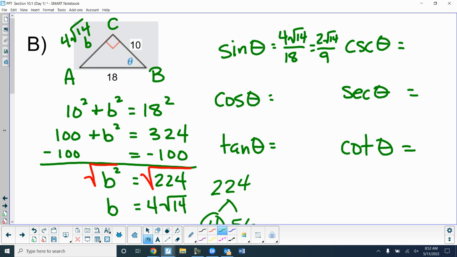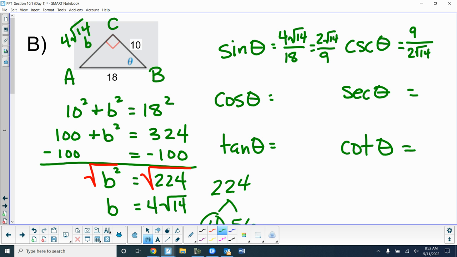When I do cosecant, what's that look like? It's 9 over 2 radical 14. Can I leave my answer like that? No. What do I have to do with that radical? How do I get rid of the radical in the denominator? It's called rationalize the denominator. Multiply by itself.